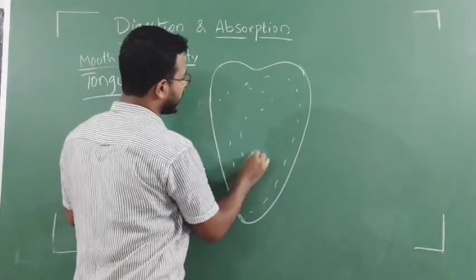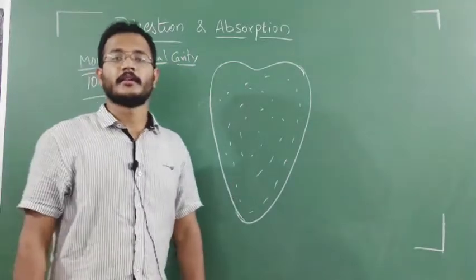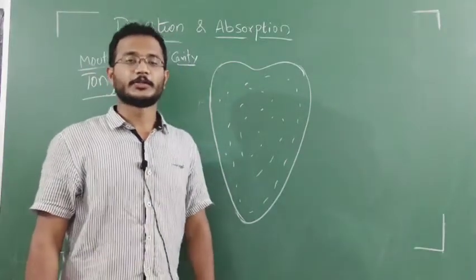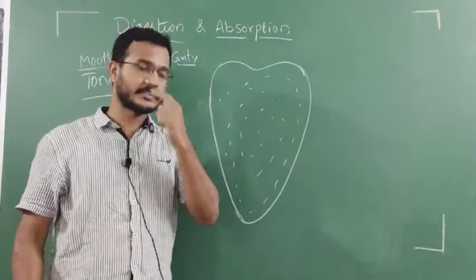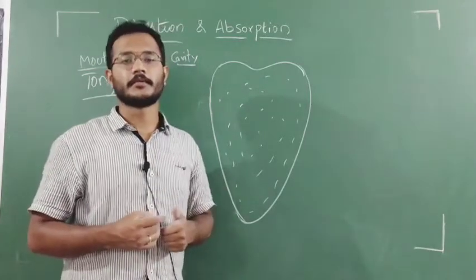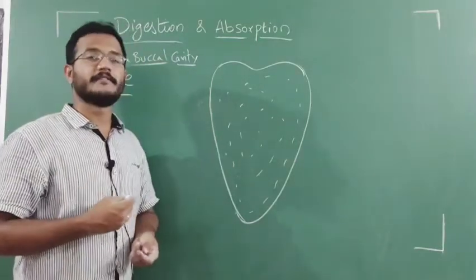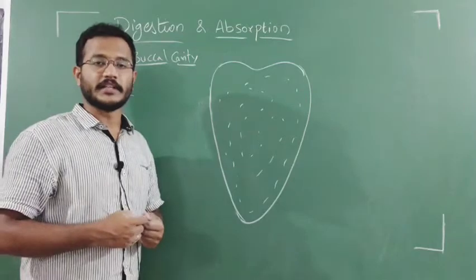A small bud-like structure is present. Those are helpful for the sense of taste. So what are the different types of taste? Sweet, sour, bitter. These are different types of tastes. There are different types of taste buds which can recognize these types of tastes.